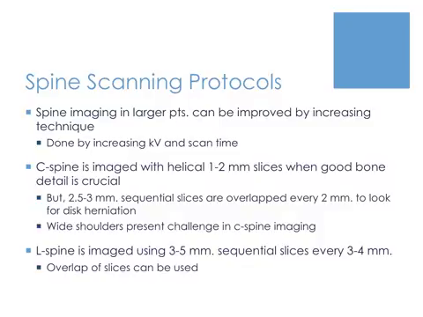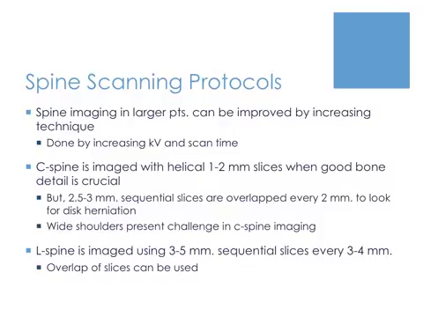Spine imaging in larger patients can be improved by increasing the technique, and this is done by increasing the kV and the scan time. The C-spine is imaged with helical 1 to 2 millimeter slices when good bone detail is necessary and crucial, but 2.5 to 3 millimeter sequential slices are overlapped every 2 millimeters to look for disc herniation.